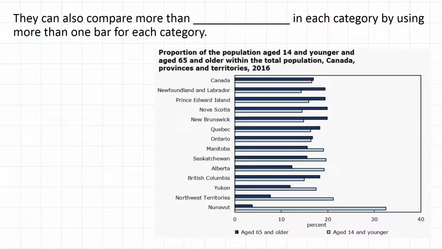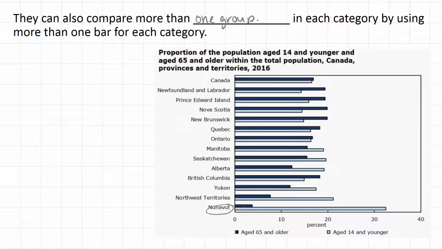So bars can also have more than one group. So here in this example, each province is listed. It's a horizontal bar graph because the bars go horizontally. And you notice, for example, if we take a look at Nunavut, Nunavut has 2 bars associated with it.